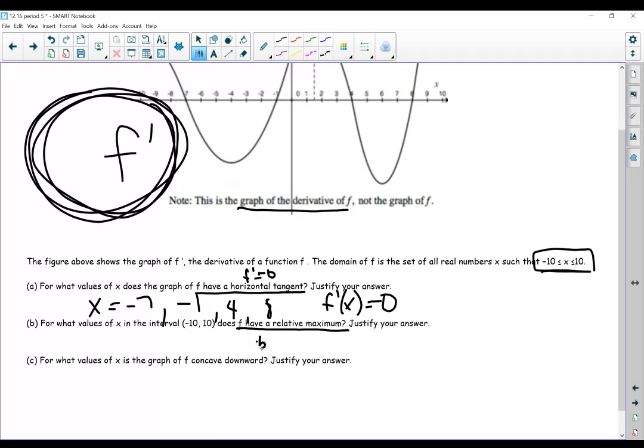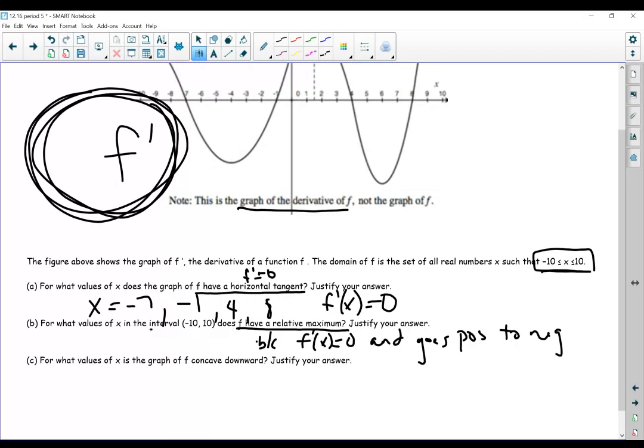So I'm going to write my justification first: f prime of x equals 0 and goes from, to make a max, we would have to go from a positive slope to a negative slope. So I'm going to say goes positive to negative. So this justification will be the same every time. Now I just have to figure out where this is happening.